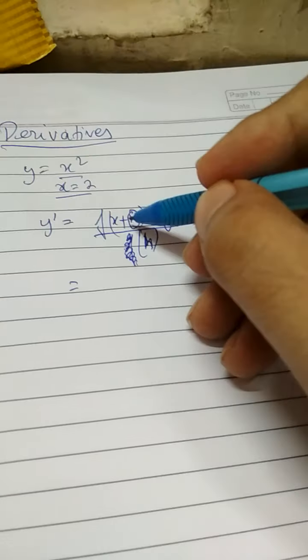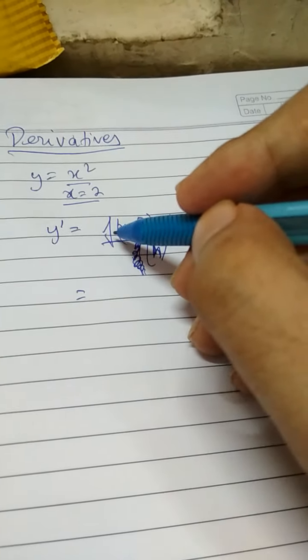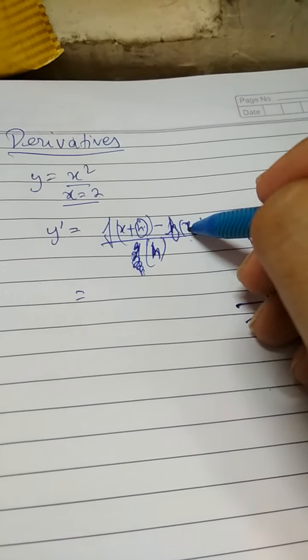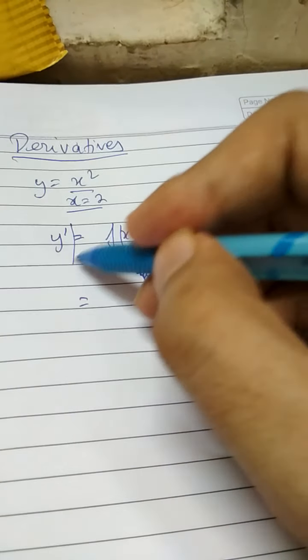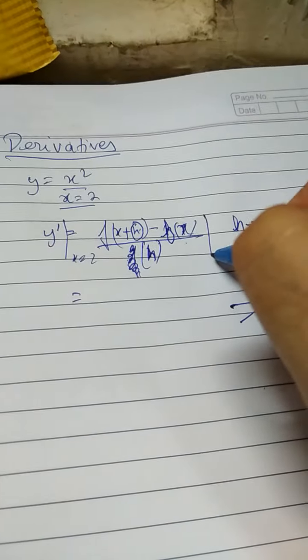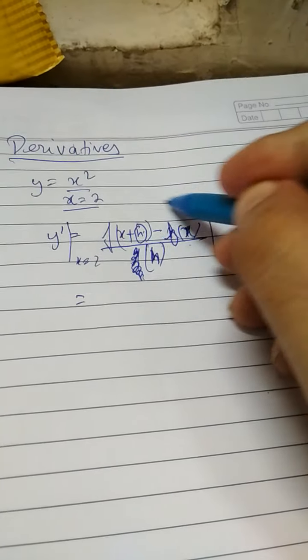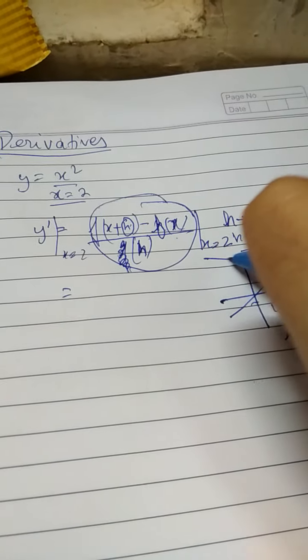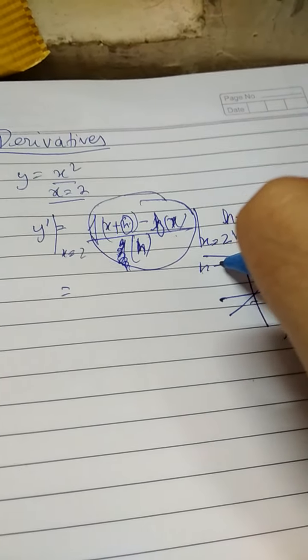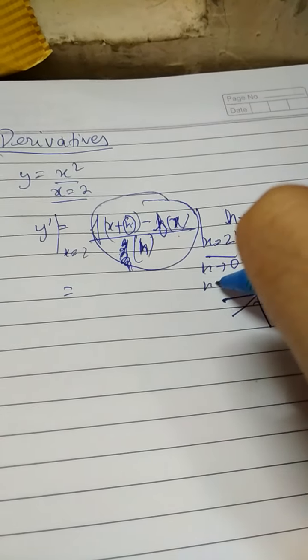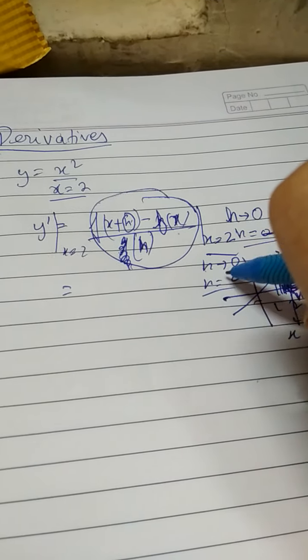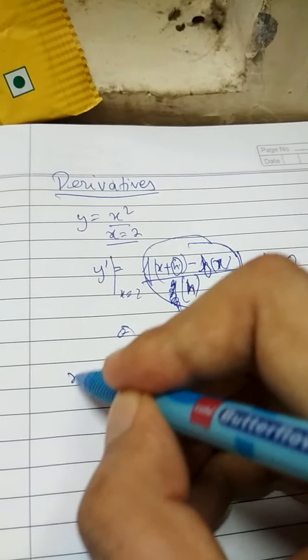This is the derivative of this function at a point x. Now we want to find that at x is equal to 2. So we find this value at x is equal to 2. After finding this, we finally substitute x is equal to 2 and h tends to 0, or h is equal to 0.